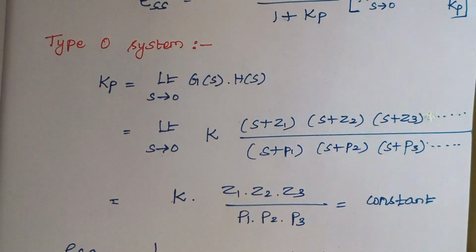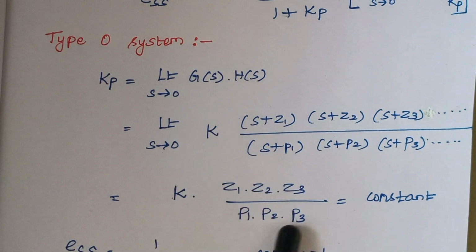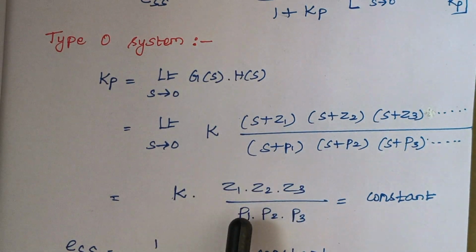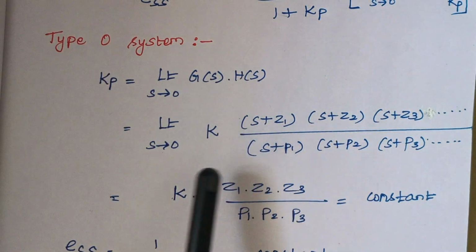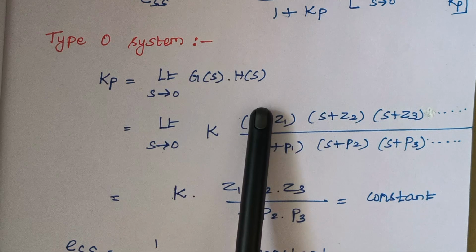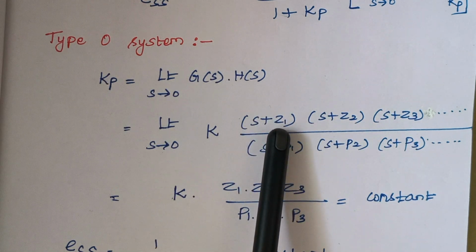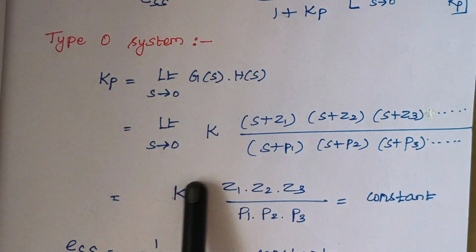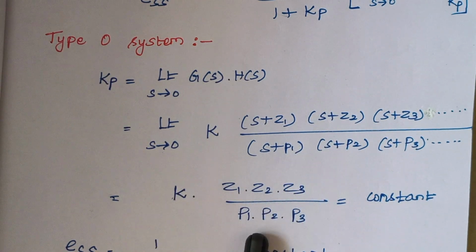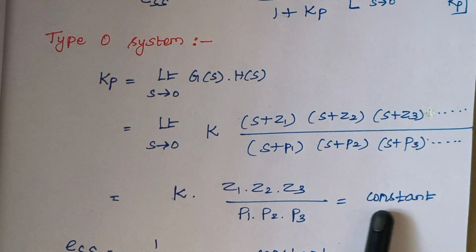So all these terms are constants, because only the term containing s moves to 0, and once it moves to 0 we get constants. The z1 may be any number, so all these terms are constant and finally the output is also a constant.